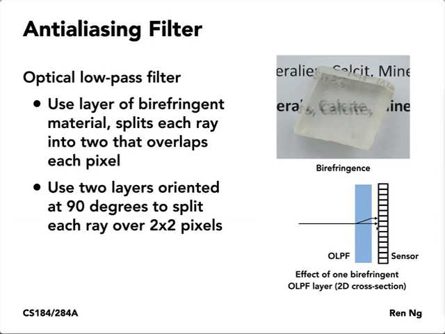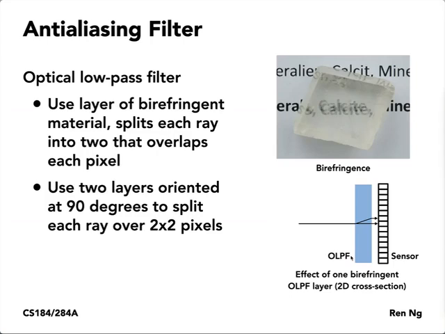And what's used is 2 layers of this, very, very thin layers of this material, rotated at 90 degrees so that in sequence, a ray of light enters, gets split in 2, and then each of those rays gets split in 2 in the orthogonal direction. So it exits this optical low pass filter layer. Each ray exits as 4, okay, in a 2x2 pattern.